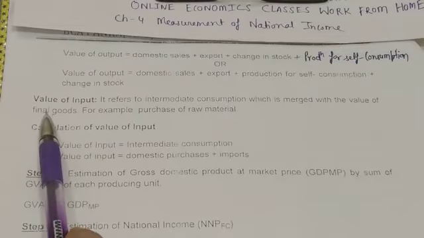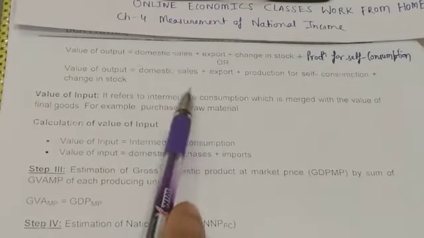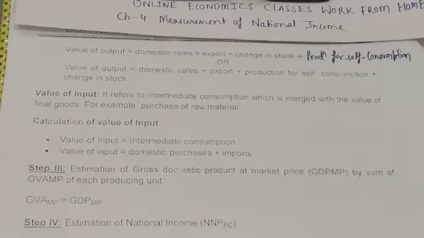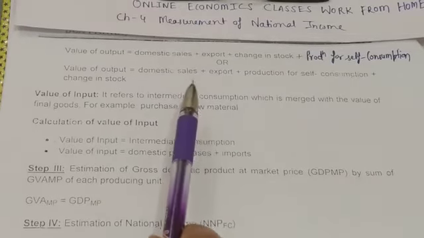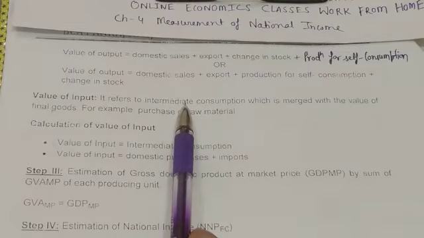Listen carefully. Intermediate consumption means intermediate goods. Intermediate goods are those goods which are used either for resale or further production. Let's take an example.